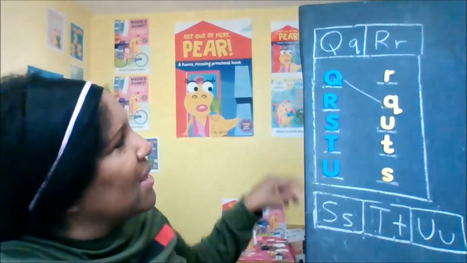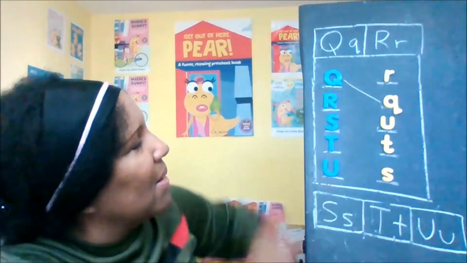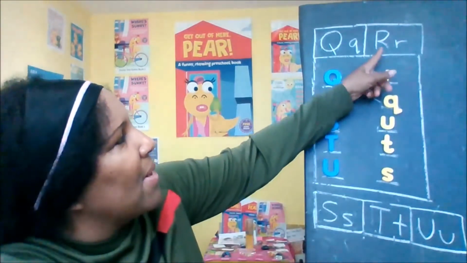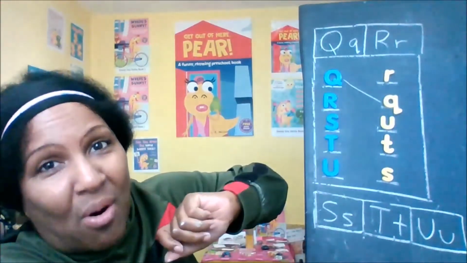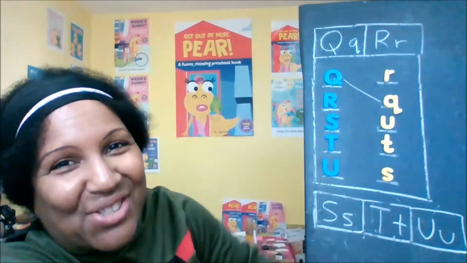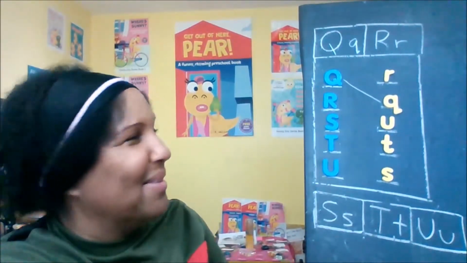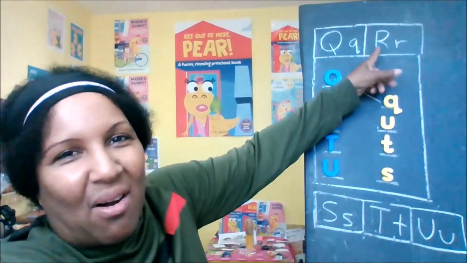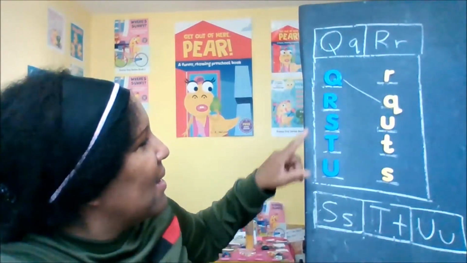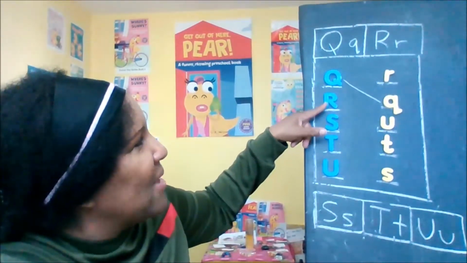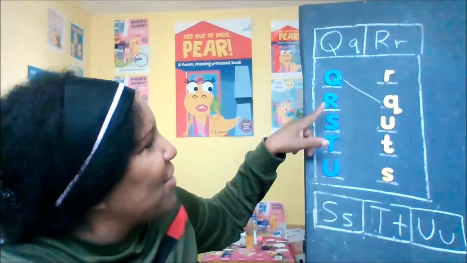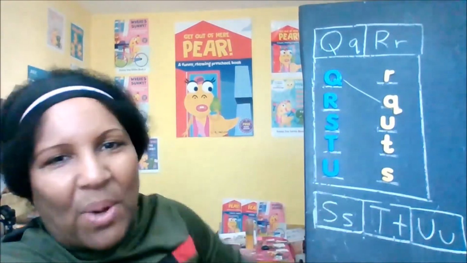So the next one is R to R. You see R and R? Do you know R and R means rest and relaxation? I see thumbs up to that right now. So that's capital R. And here it is here. So we need to find small r to match it. And look, it's all the way up at the top.